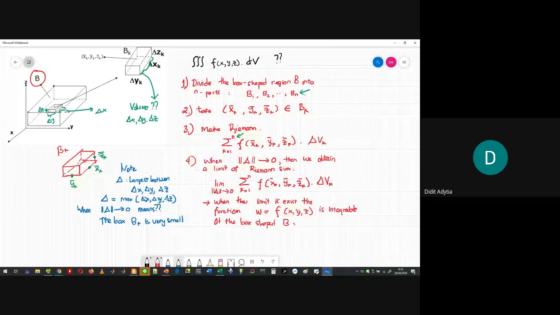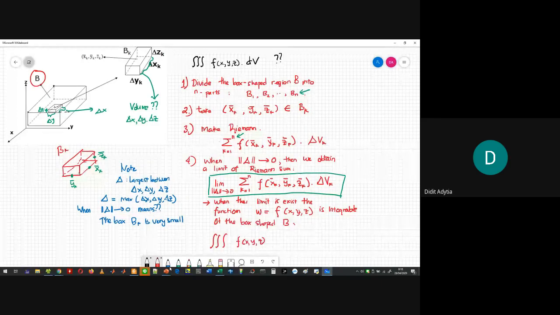And this formula, noted as the green one, becomes the triple integral. We call it the triple integral of the function f(x, y, z) dV.